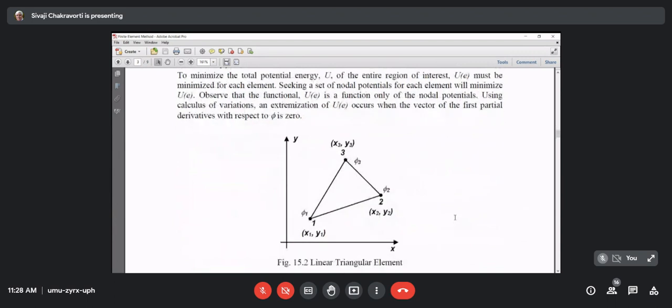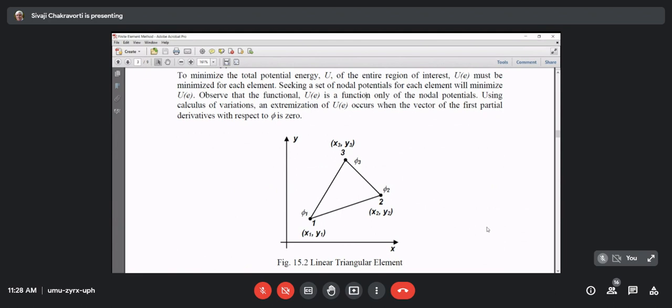So let's take a triangular element. I'm again taking the two-dimensional case. Let's take a triangular element, and we are assuming that the potentials at the three vertices are phi 1, phi 2, phi 3. The coordinates are x1, y1, x2, y2, x3, y3.